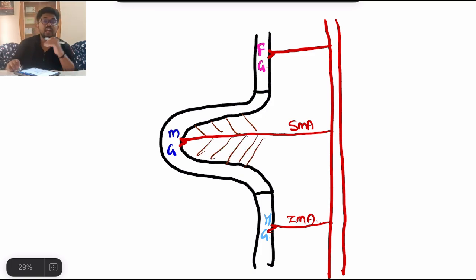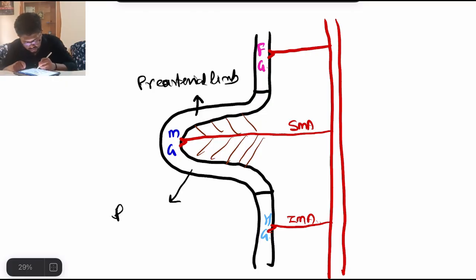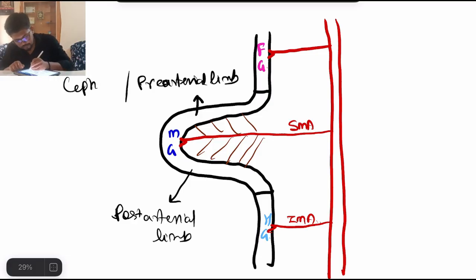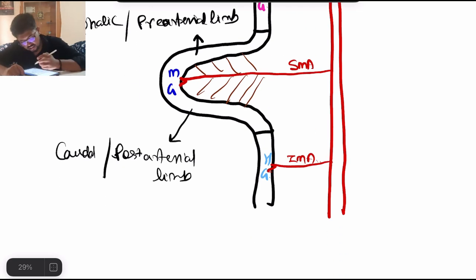Along this axis, the upper limb of the loop is called the pre-arterial or cephalic limb, and the lower one is called the post-arterial or caudal limb. Along this post-arterial limb, one bud or diverticulum develops.